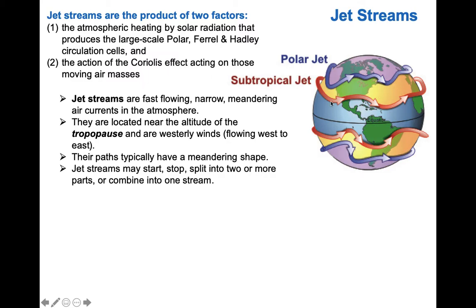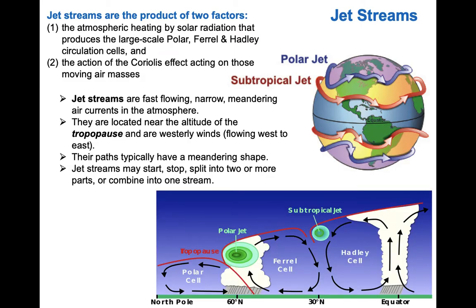The Coriolis effect is affecting jet streams operating in the atmosphere as well. So this cross-section shows the relationships between the subtropical jet stream and the polar jet stream.